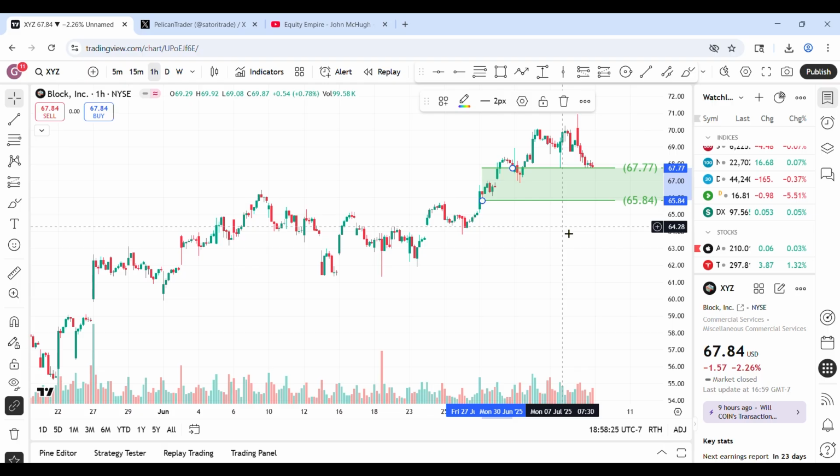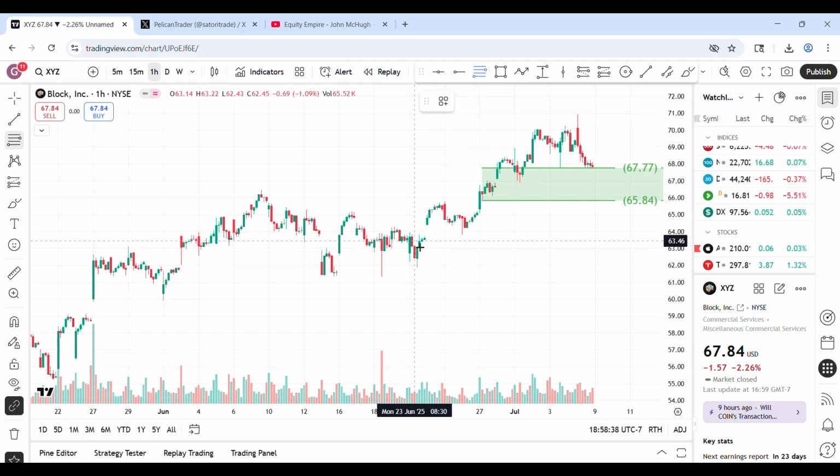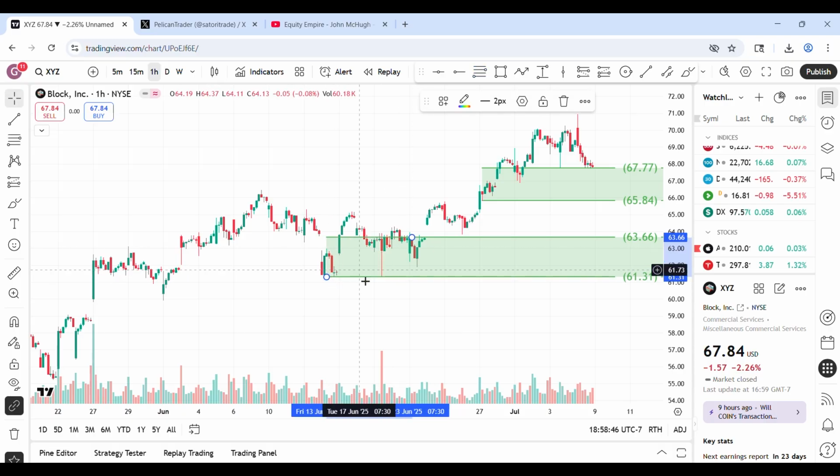Now let's go down a little bit lower to see if we can find another support level. Now you can use this level here, which is basically just a retest of the level just below it. So I'm going to go slightly lower for my next support level down to this area here. Can actually go to the low wick there. So we have another support level in the 63.66 to 61.31 price range.